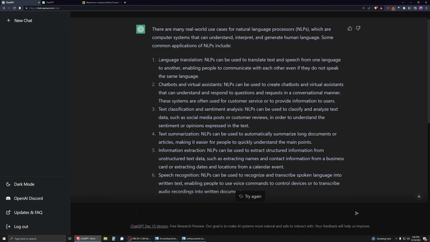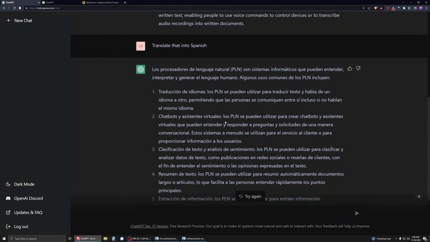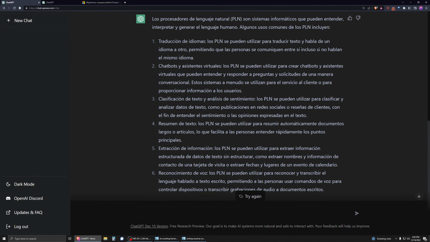Well, it's really good at language translation, and not only for spoken language but also for programming languages, which I can show you later. If you read this whole prompt, I asked it to translate it into Spanish, and I'm not fluent in Spanish, but I know enough to where this looks right to me.